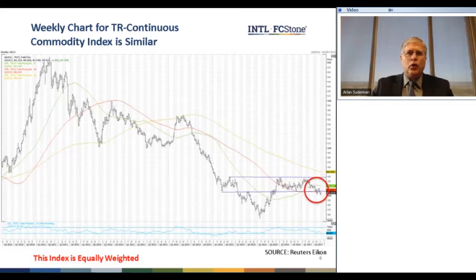But I think the short covering has been less than what people think. We'll see when the CFTC report comes out, but keep in mind today's CFTC report is data as of Tuesday. So we'll really have to wait till next Friday to see what's happened the rest of this week.